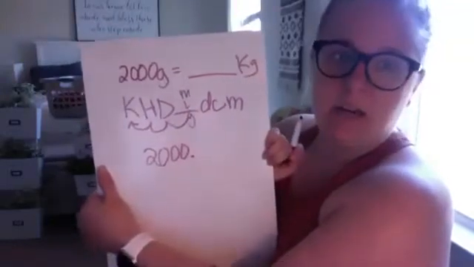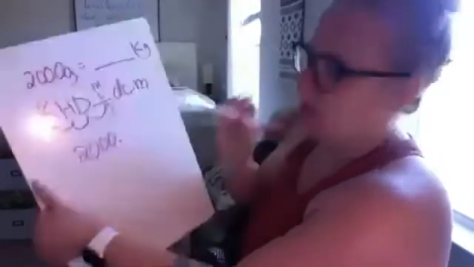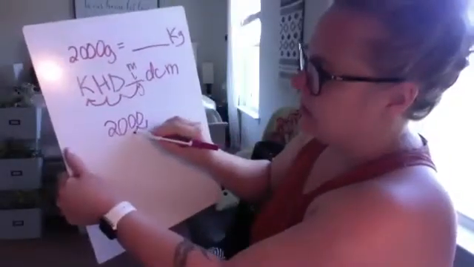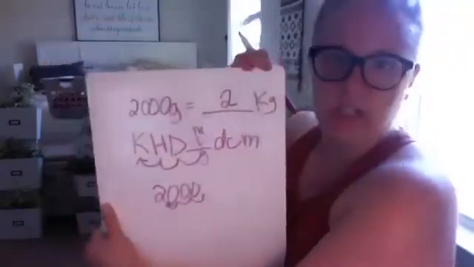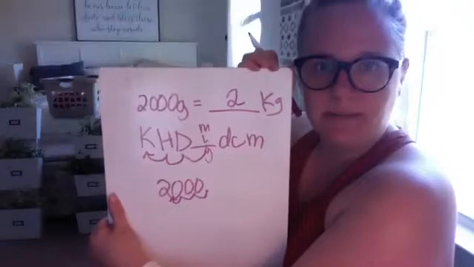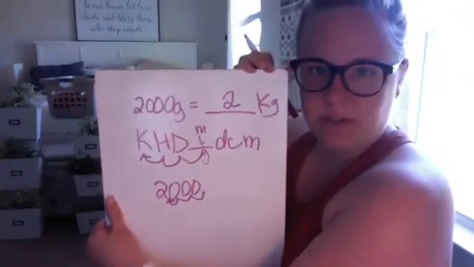Now I can move it just like I did on the chart: 1, 2, 3 times to the left. So 2,000 grams is actually 2 kilograms. How do you feel about that? Good? Okay, sweet.